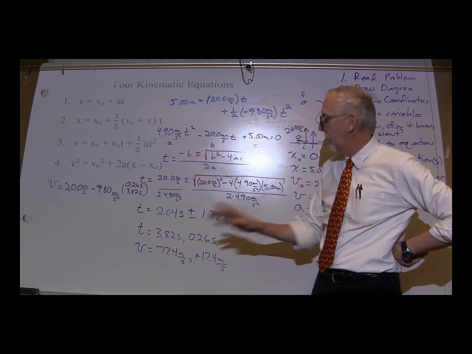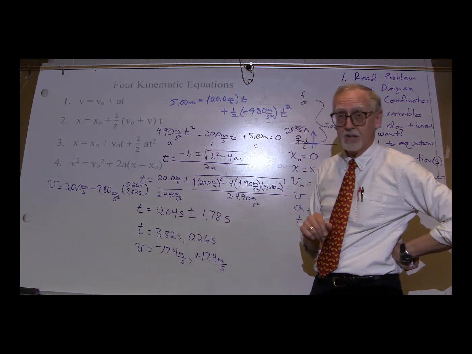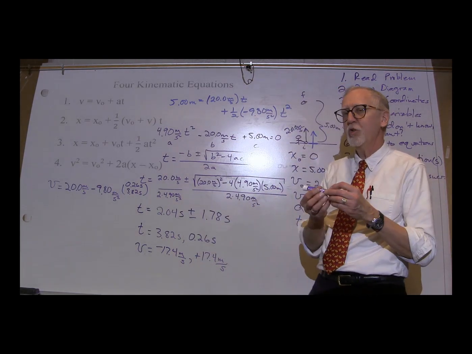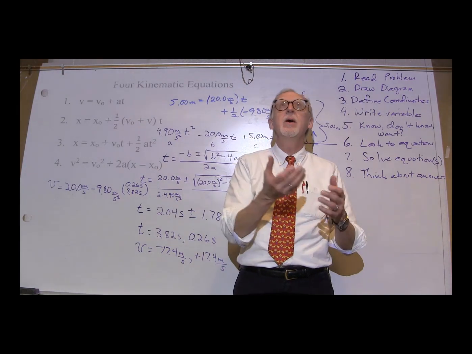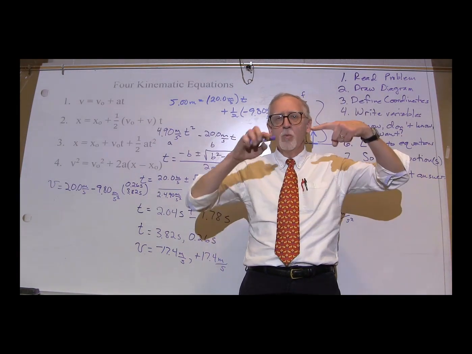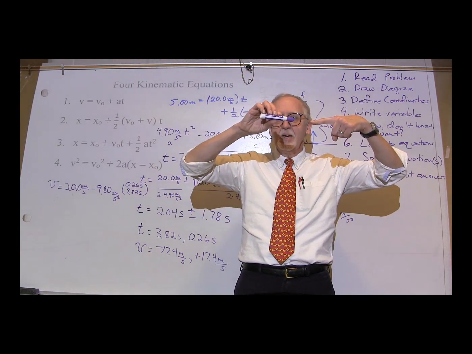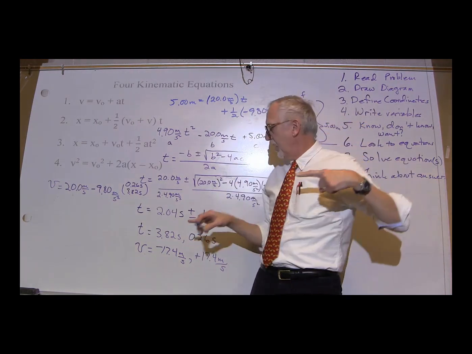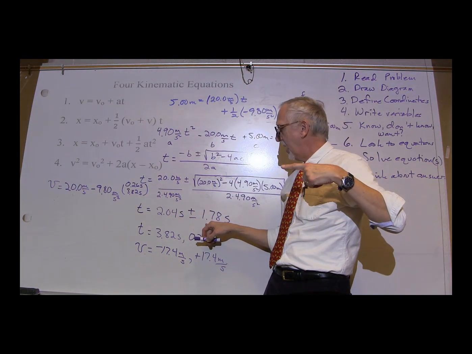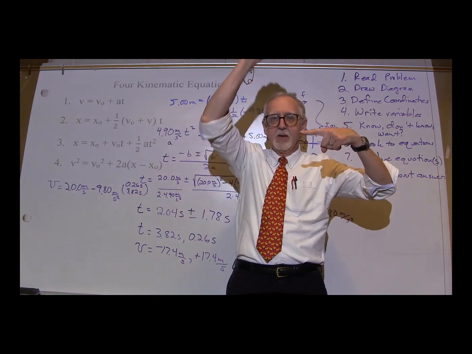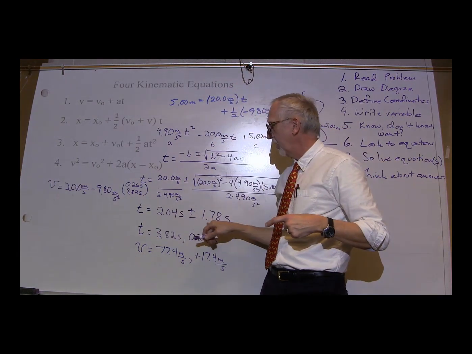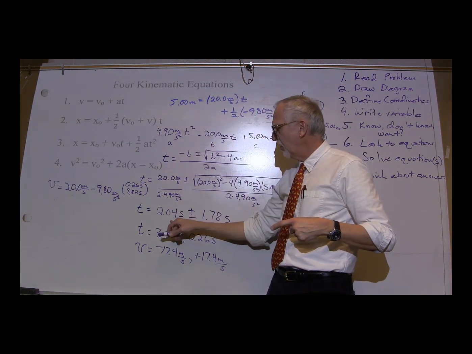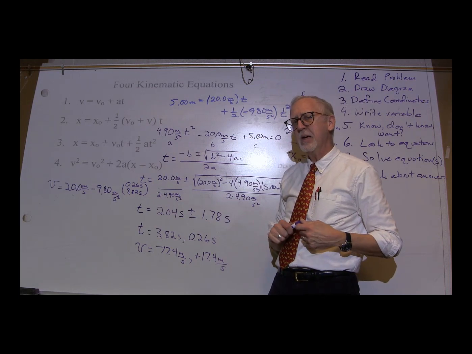What are they physically telling us? Let's think about this. What does the motion look like? It's going up and then coming back down. And one of them is this minus that, while the other is this plus that. So can you think of what those two times might mean?